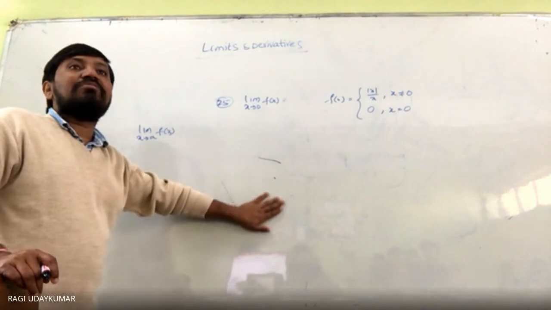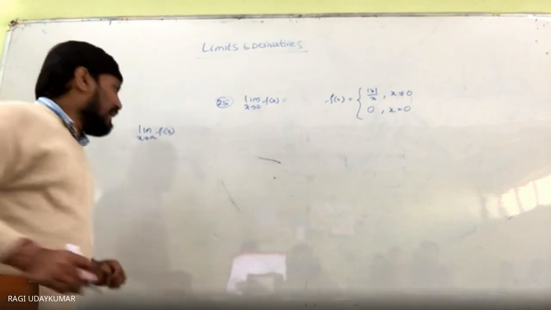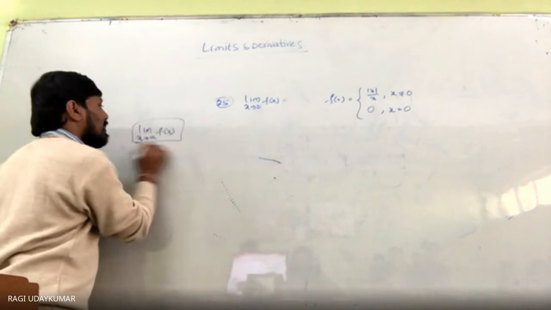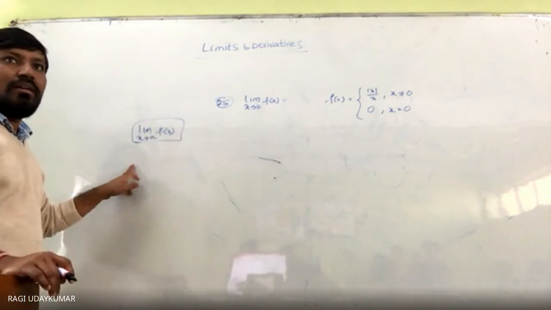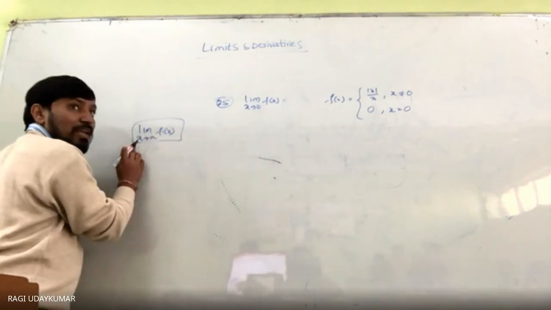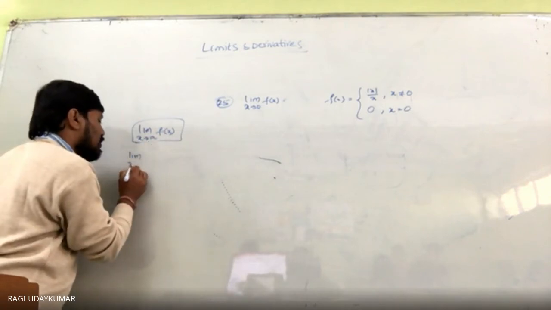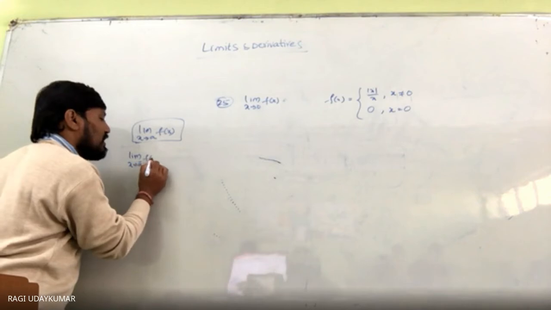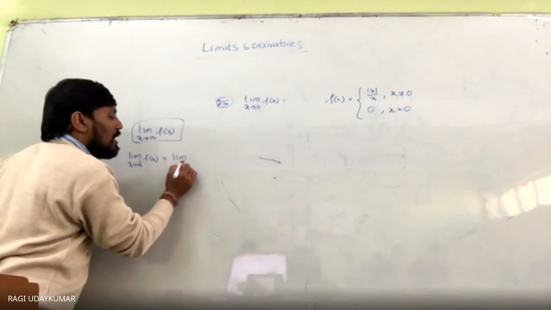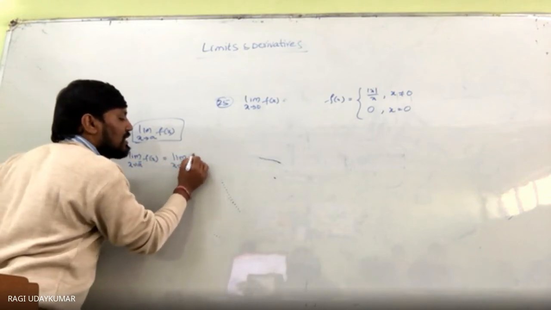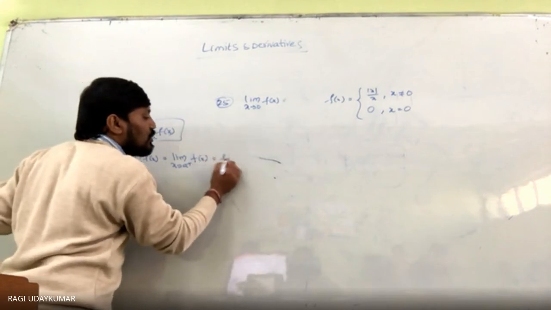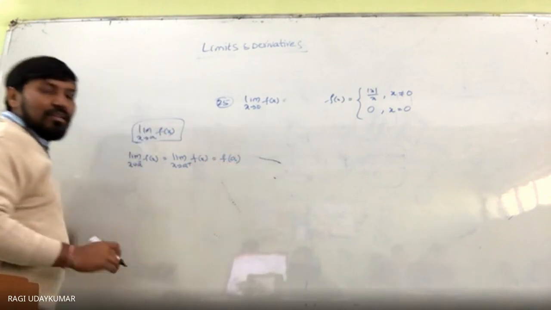Left hand limit is represented like this. When the limit exists for the function f of x, it means limit x tends to a minus f of x is equal to limit x tends to a plus f of x is equal to f of a.